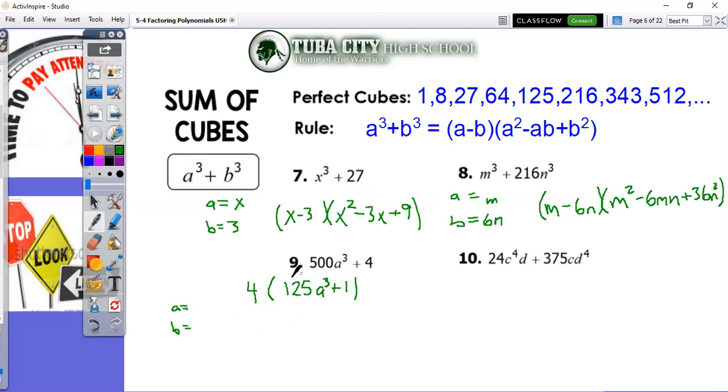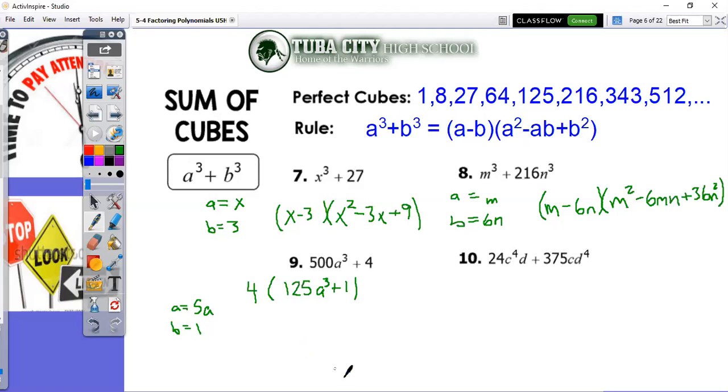So let's take the cube root of 125, which again is 5 times 5 times 5. So that would be 5. And we have A cubed, but if we take the cube root of that, that would just be A. B is 1, because 1 times 1 times 1 is still 1.